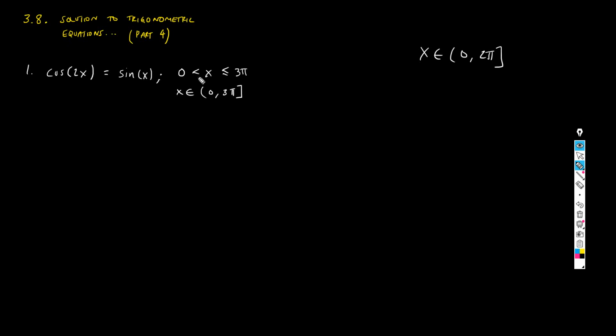That's why you don't have the equal sign here. You just have the less than. And 3 pi, including 3 pi. That's why you have the equals part in here. So this and this are completely equivalent, guys. They mean the same thing. It's an interval going from 0 to 3 pi, excluding 0 and including 3 pi.